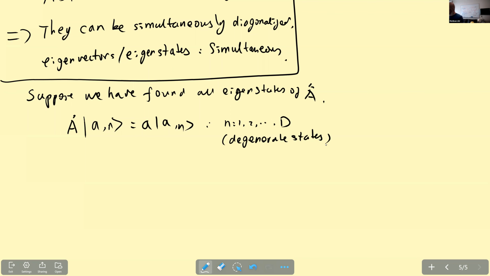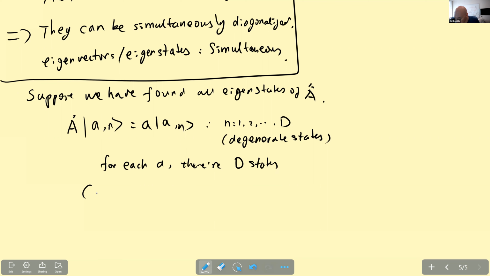That means for each a, there are d states. So it's not necessarily unique.